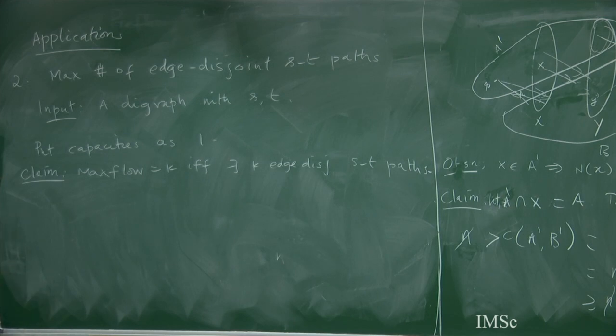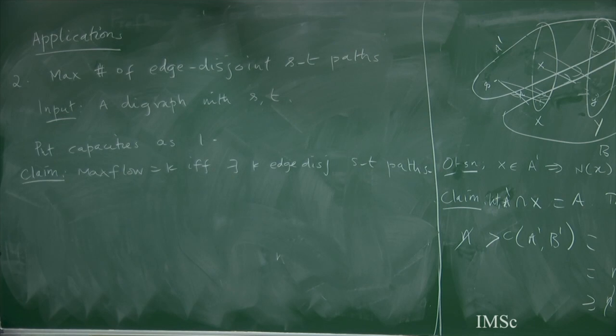Now the converse direction: if you have a flow of K, because of these integral capacities, we can assume the flow values are all 0 or 1. Now you have to extract out K different ST paths.